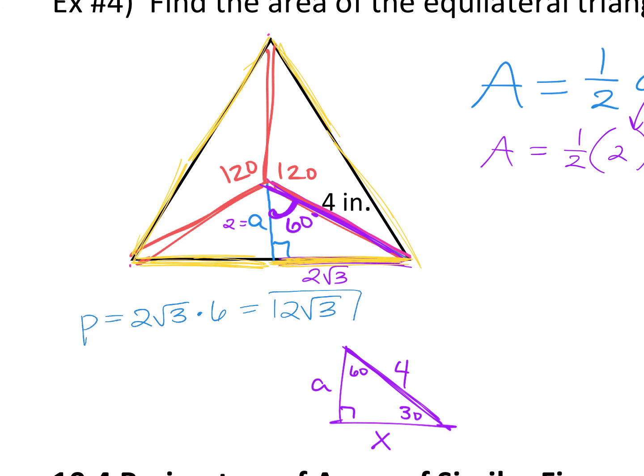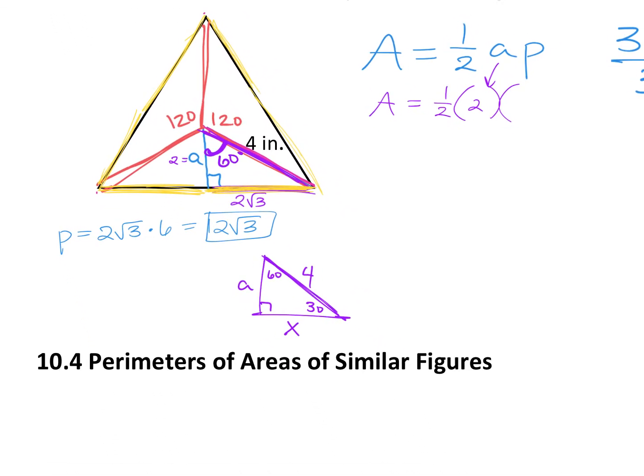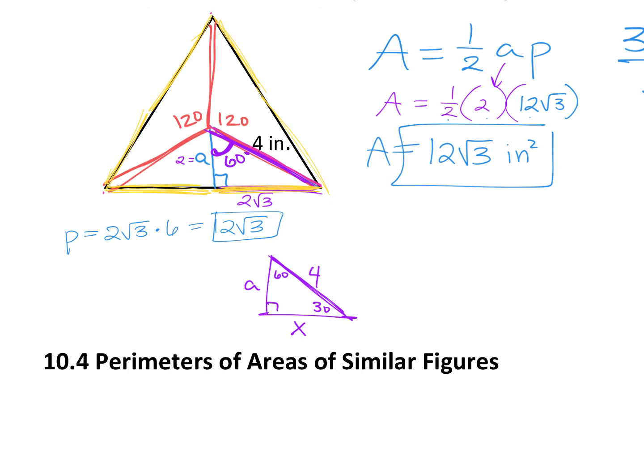Okay, so that's your perimeter. 2 rad 3 times 6 of them. So we're going to plug in a 12 rad 3 up here. 1/2 times 2 times 12 is 12. Attach the rad 3, inches squared. Okay? Questions on that?